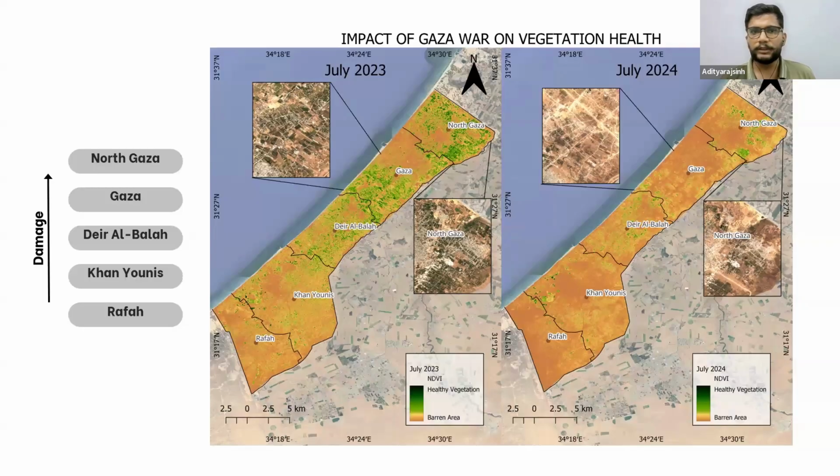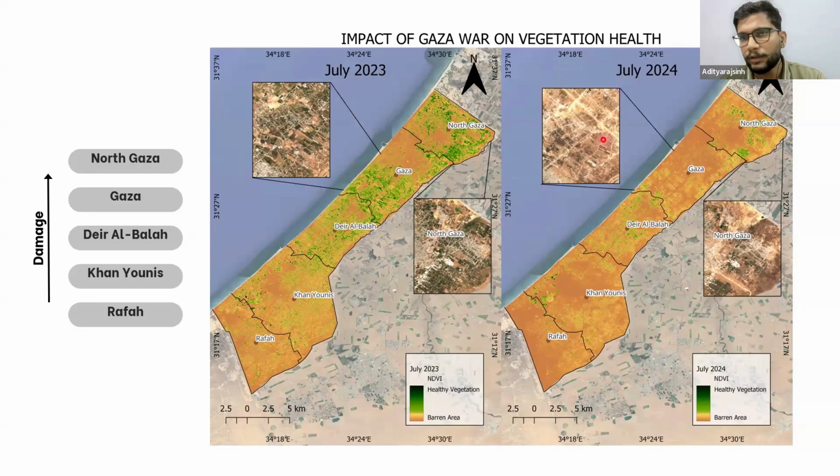This was my submission, and as you can see, in July 2023 the NDVI shows a higher value, so we can see a greener region. In the snapshots I have attached, you can also directly see that the farms are present there.